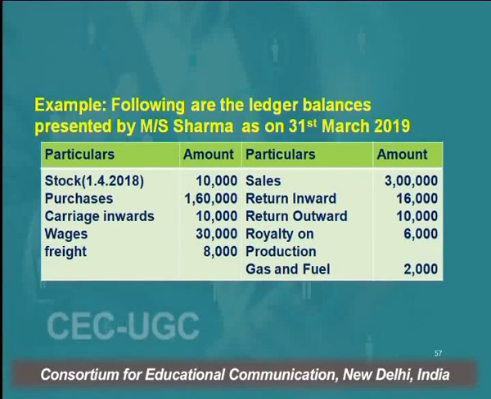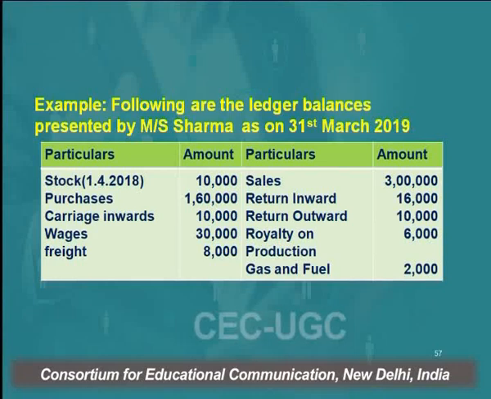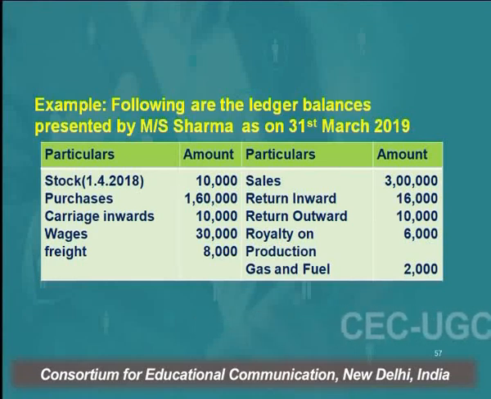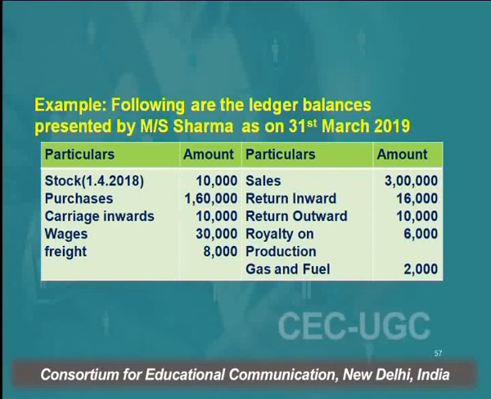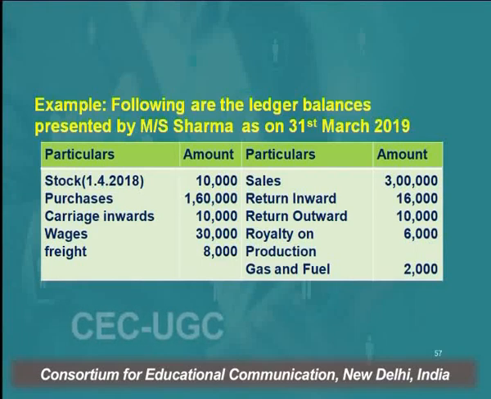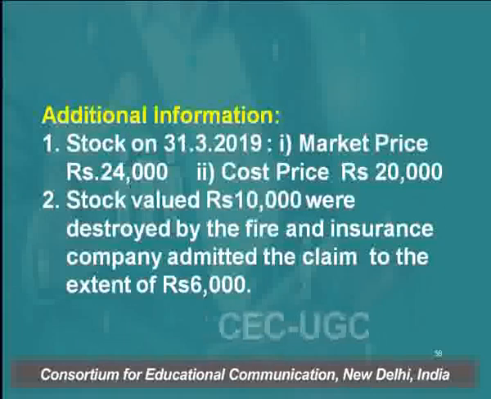These are the ledger balances given by Messrs. Sharma as on 31st March 2019. Opening stock is 10,000, purchases 160, carriage inward 10,000, wages 30, freight 8,000, sales 3 lakh, return inward, return outward, royalty on production, and gas and fuel are given here.